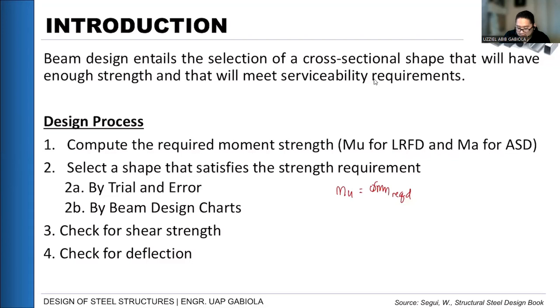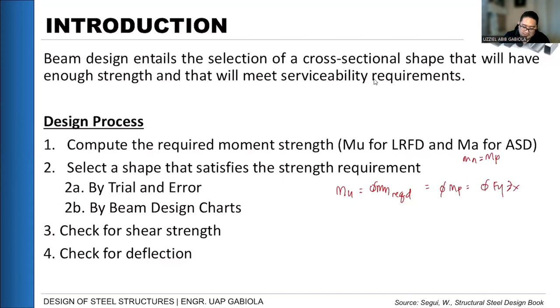And alam natin na si Mn, ang formula niya, if i-assume natin na compact yung section sa start, no? Ang formula niya, ang Mn ay equal sa Mp, katulad nung sa yielding natin na formula. So, ibig sabihin, ito is phi Mp equals sa phi Fy Zx. Okay?